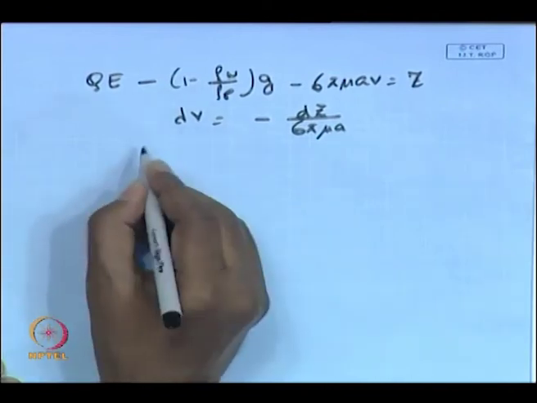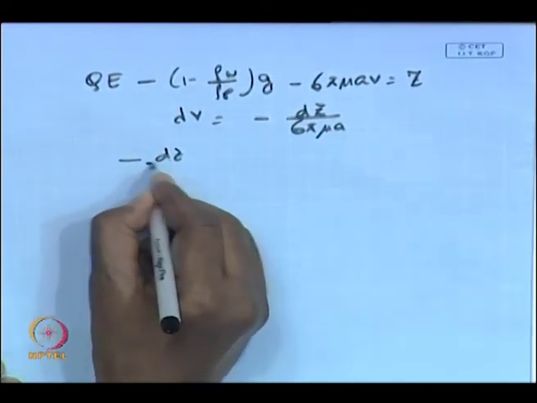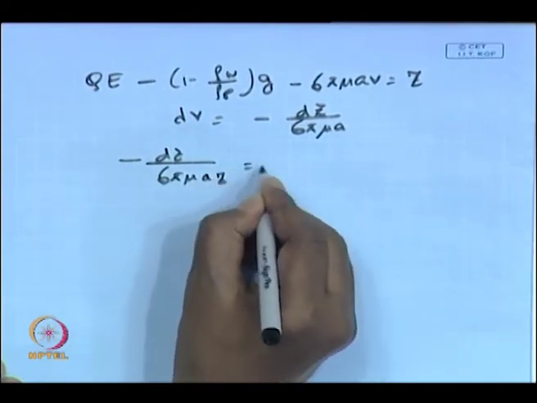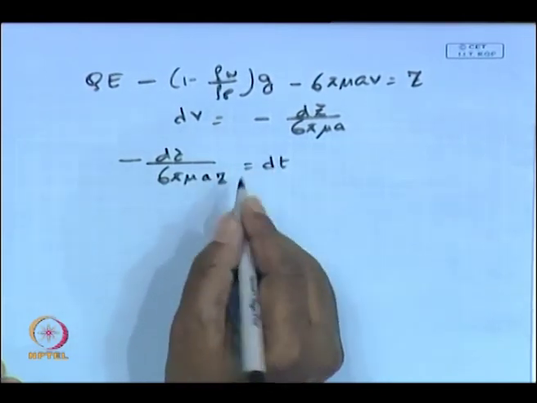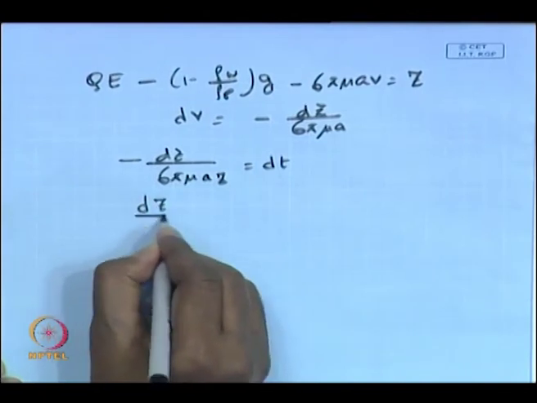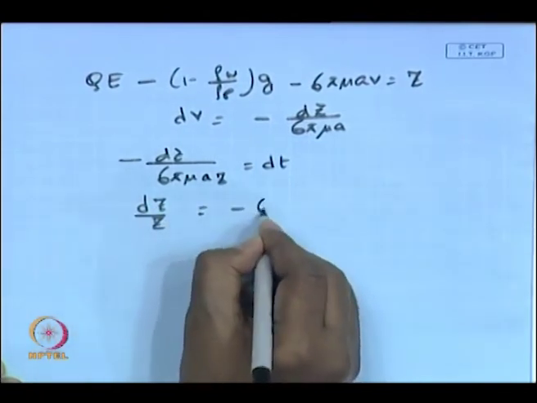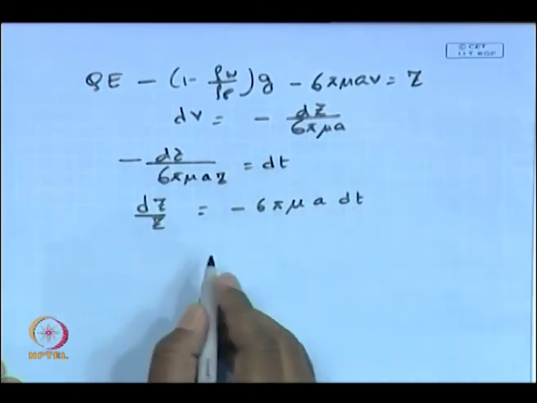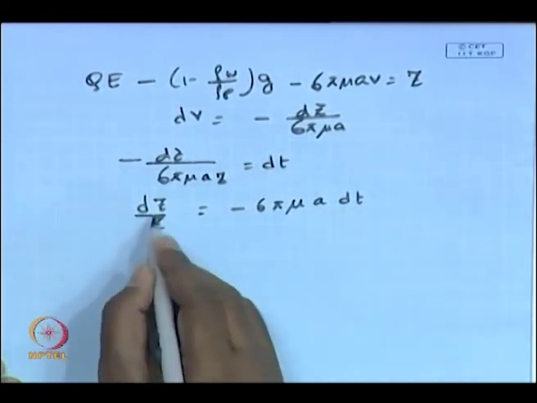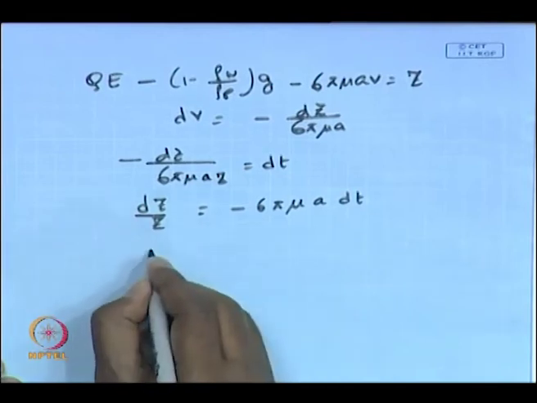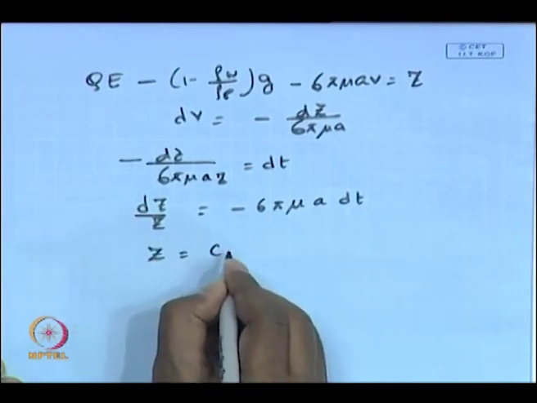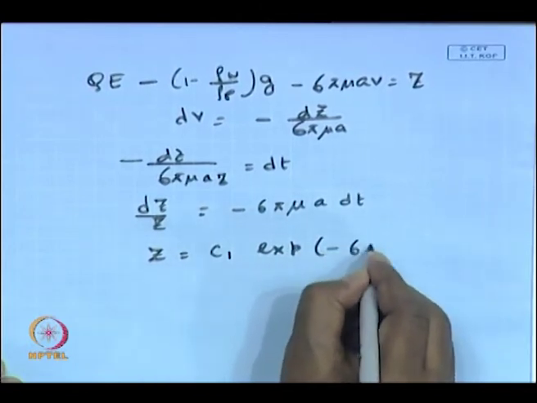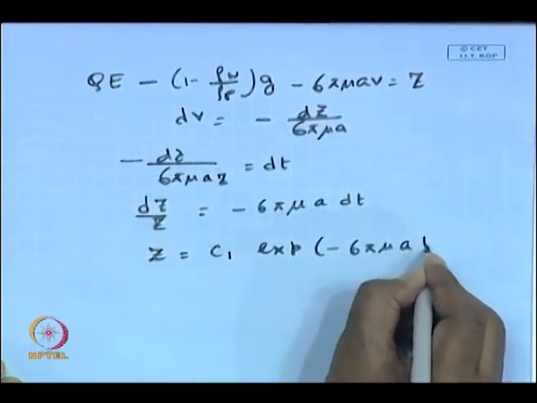So, if you substitute that, you will be getting dz by 6 pi mu A z is equal to dt, and you will be getting dz by z is equal to 6 pi mu A dt. Now, on integration, you will be getting ln z. So, z will be some constant C1 multiplied by exponential minus 6 pi mu A t.